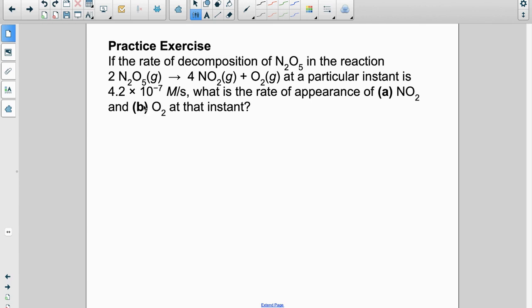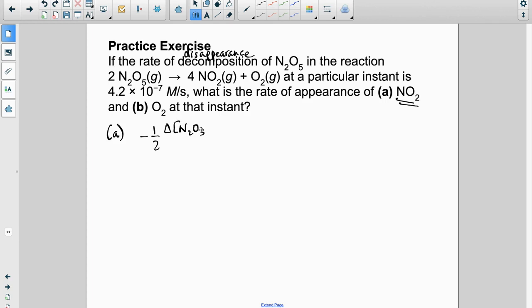Okay, here's another practice exercise. In this one, they're asking, what is the rate of appearance of NO2 given this equation, and given the rate of decomposition of N2O5? Now we see that that's a reactant. That's just another way to say it's the rate of disappearance. The rate of decomposition is the rate of disappearance. So I want to relate this to my NO2 in here. Let me again write that relationship between the rates of disappearance and appearance while taking the stoichiometry into account.